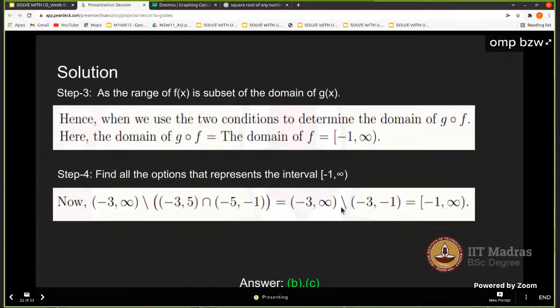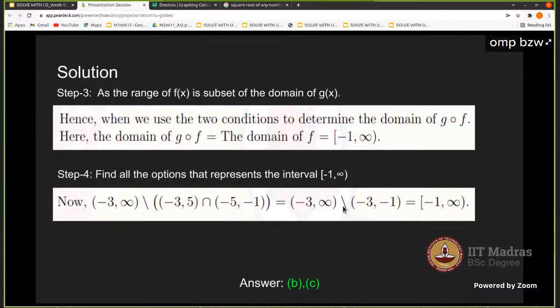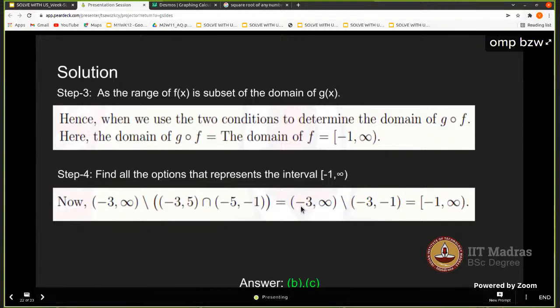Sir, may I ask a question? In the given step 4 interval, when we are subtracting the given interval, are we including -1 in the resultant domain? Because we are not going to subtract -1 from the original interval. -1 is not involved in this intersection.